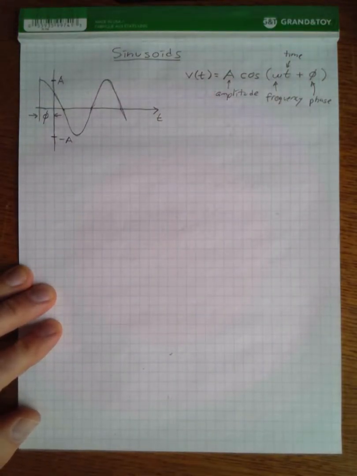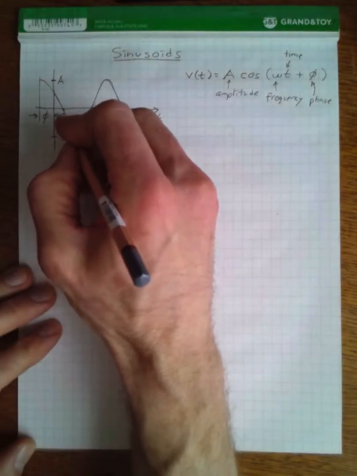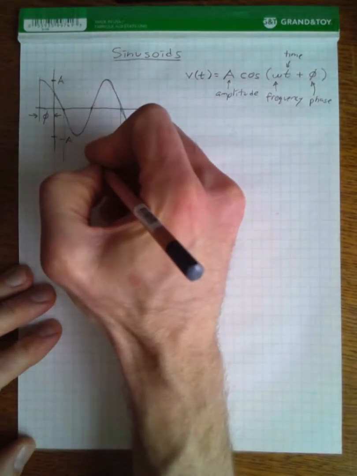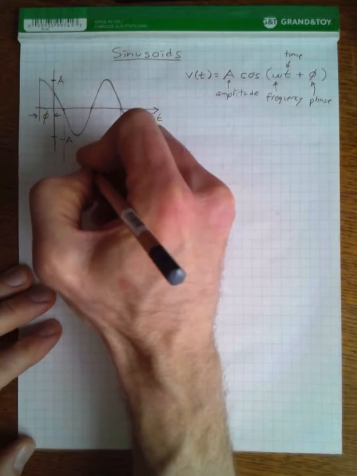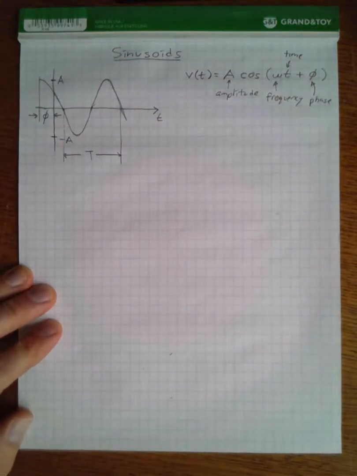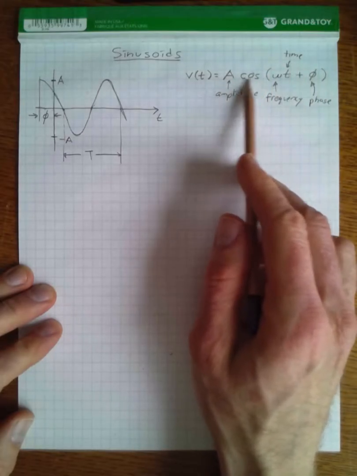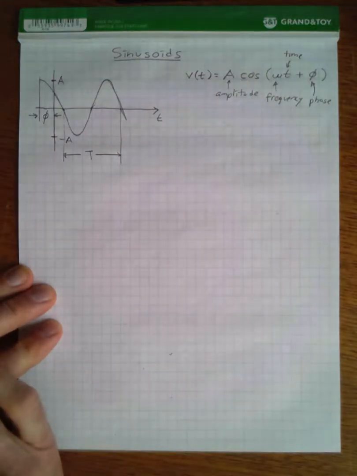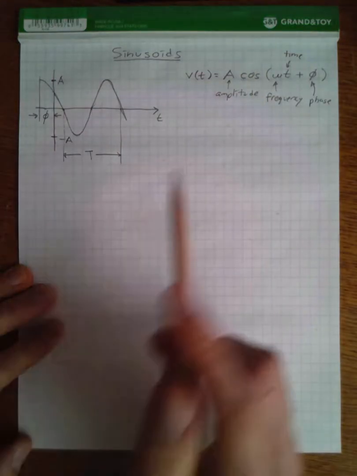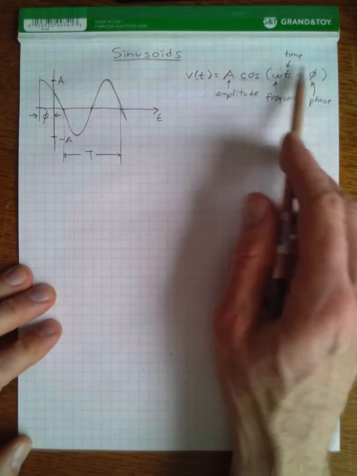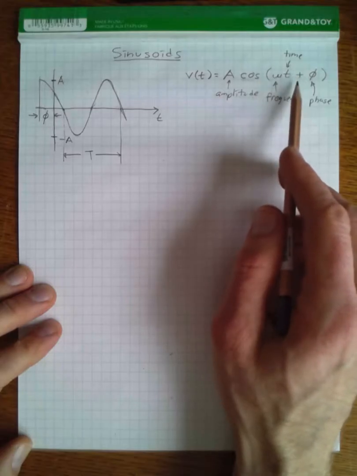And of course, one of the fundamental properties of a sinusoid is that it repeats itself. The time it takes for a sinusoid to repeat itself is known as the period of the sinusoid. And we represent the period by capital T. Basically, this cosine function takes an argument of radians, and it will repeat itself every 2 pi radians.